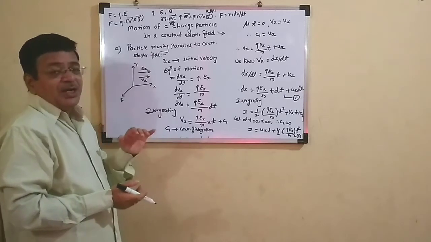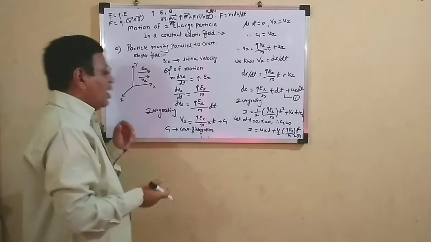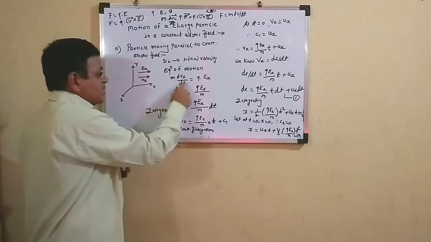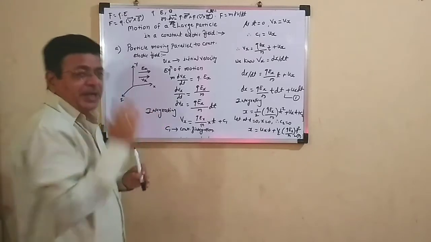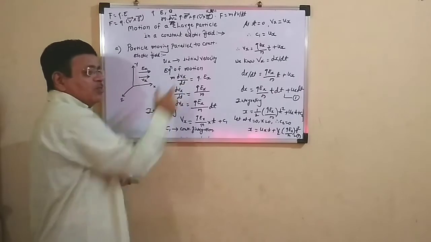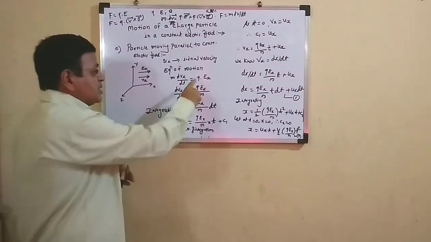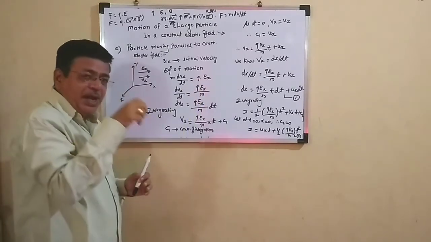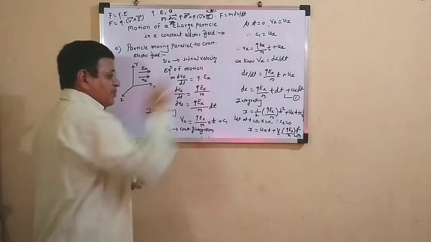Using the Lorentz force equation, mass into acceleration, that is m into dVx by dt, is equal to q into Ex. This is the force due to the motion of the charged particle according to Newton's second law, and this is the force applied on the charged particle because of the application of the electric field.